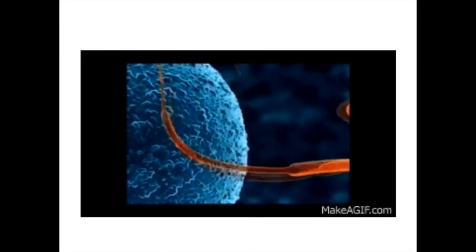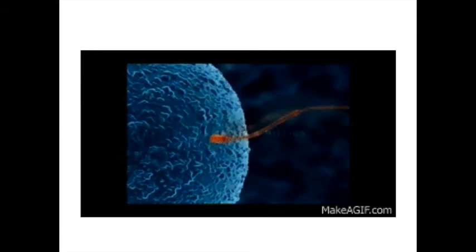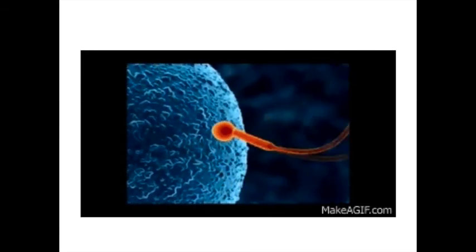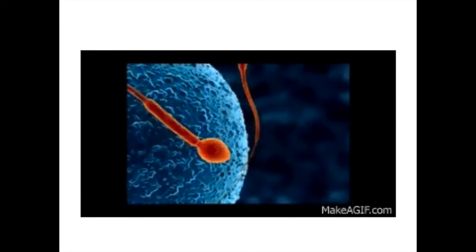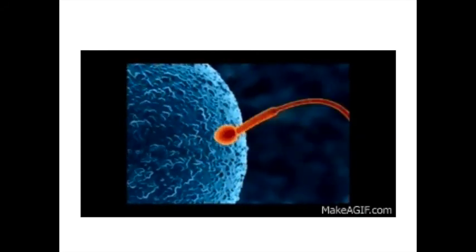When it unites, the 23 chromosomes of the sperm and the 23 chromosomes of the egg unite, forming the complete number of chromosomes for a person, which is 23 pairs of chromosomes.